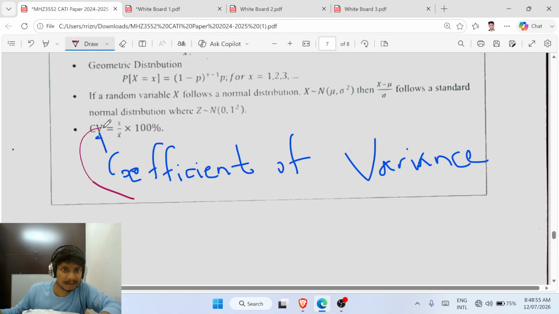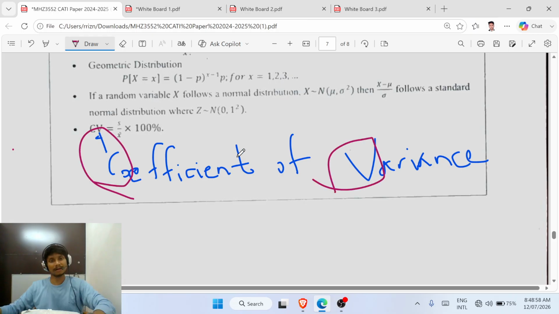Yes, this C, this V, there is the coefficient of variance.